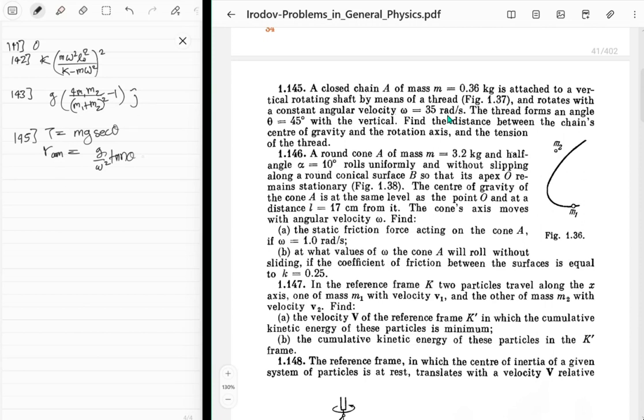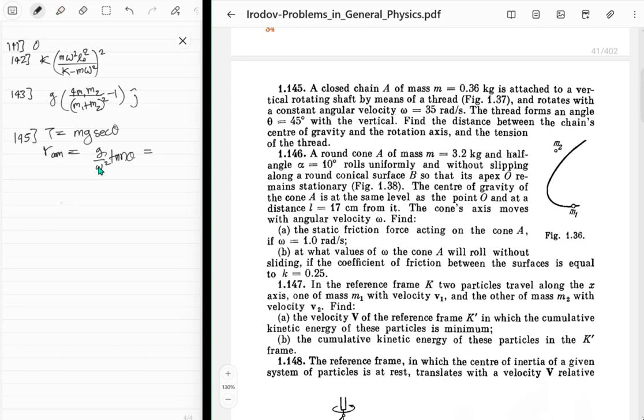So this whole thing will just be 10 upon 35 squared. Unit wise, g is meter per second squared, omega is per second, omega squared is per second squared, so meters makes sense, right? Oh, we could just do 9.8 upon 35 squared, right?